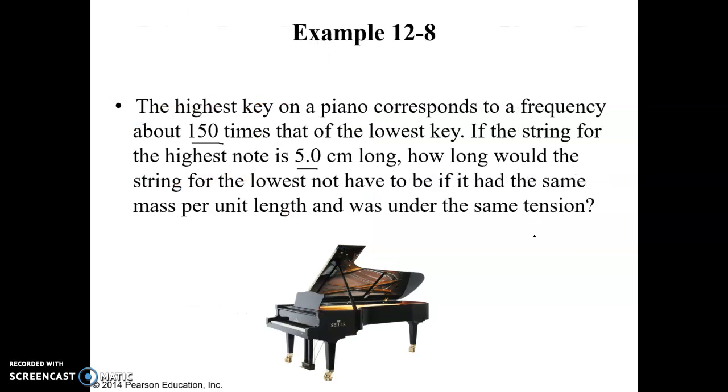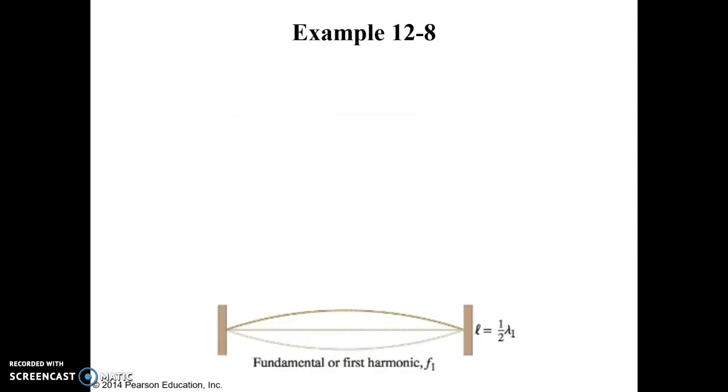So we're going to assume that everything is under the same tension. All the strings or wires are the same thickness. The only way we can affect the pitch is by changing its length. So if we want a note that is 150 times higher than the lowest string, how do we do that?